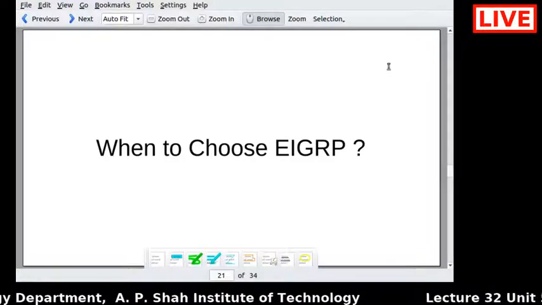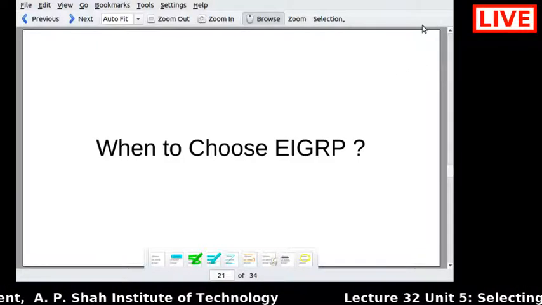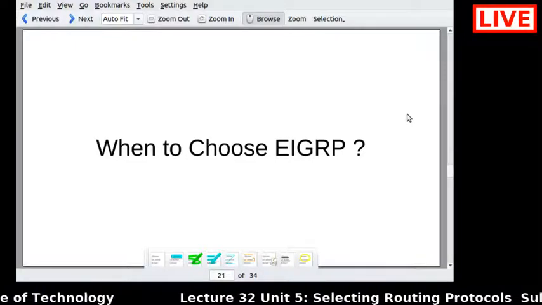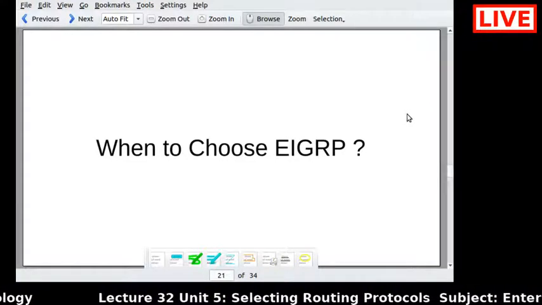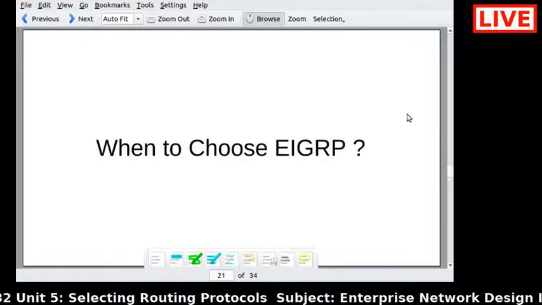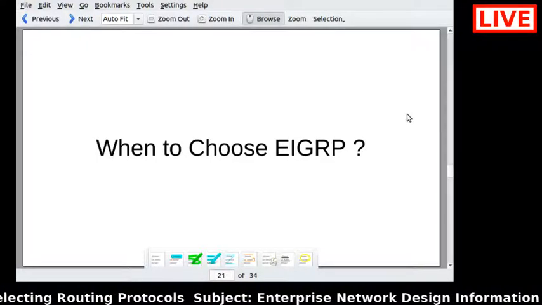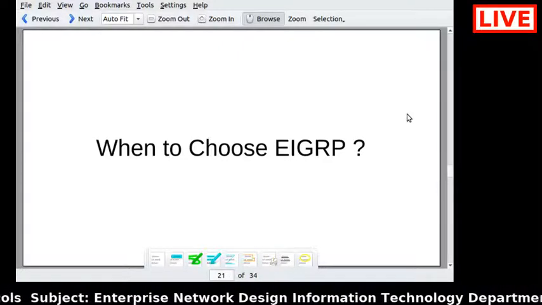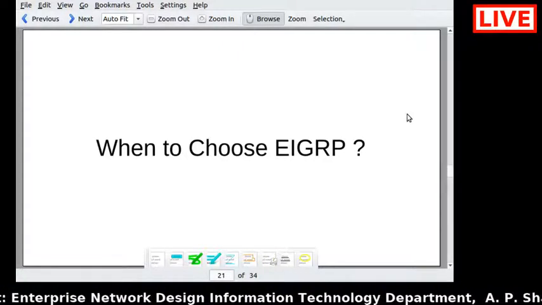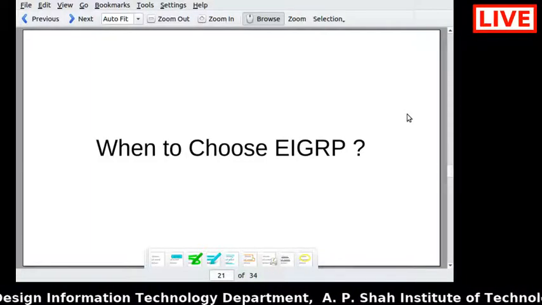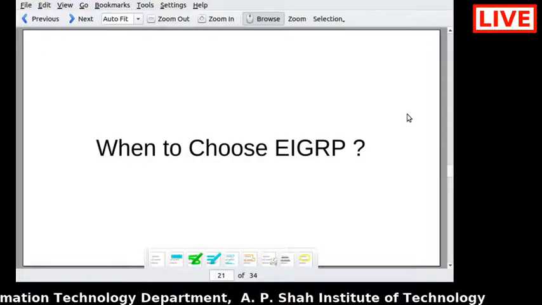But in project vivas, mini project viva, or in your examination, if they ask when you are going to choose the EIGRP routing protocol, you must know the different features of EIGRP, and in which scenario it is used. So that's why we will cover this today.